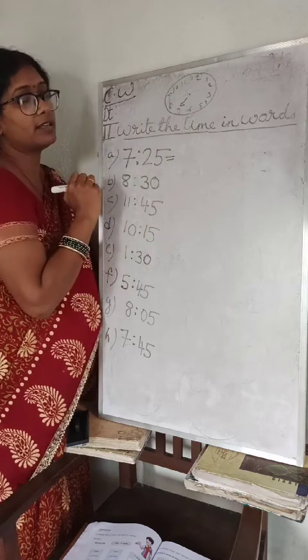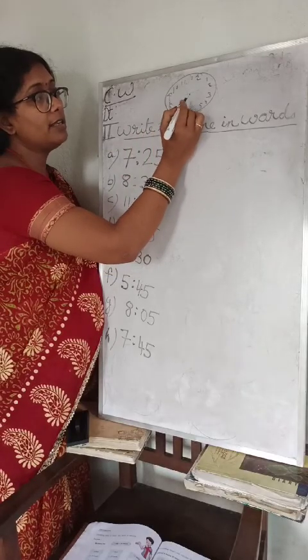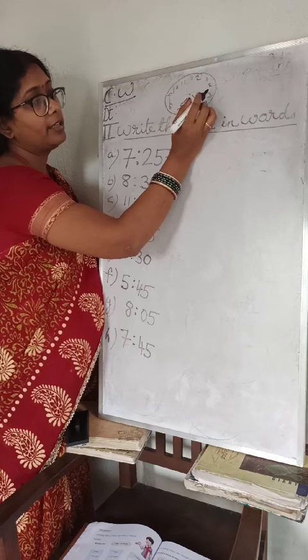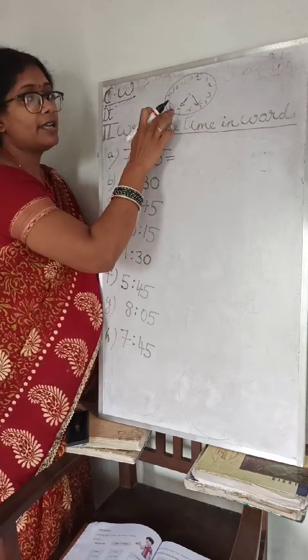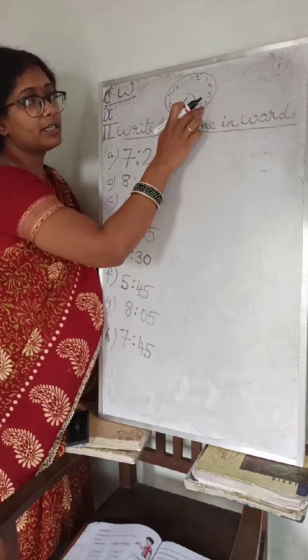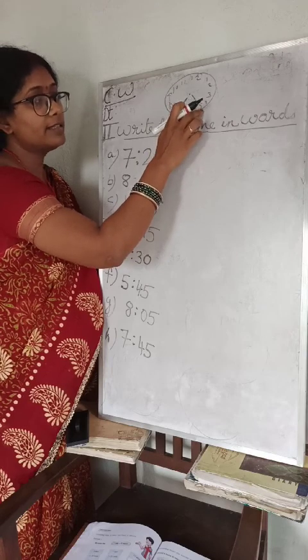You have to first find out that. The hour hand is at 7 and the minute hand would be at 5. Then only it will be 7:25. घंटे की सुई 7 पर और मिनट की सुई 5 पर. तब ये 7:25 होगा.